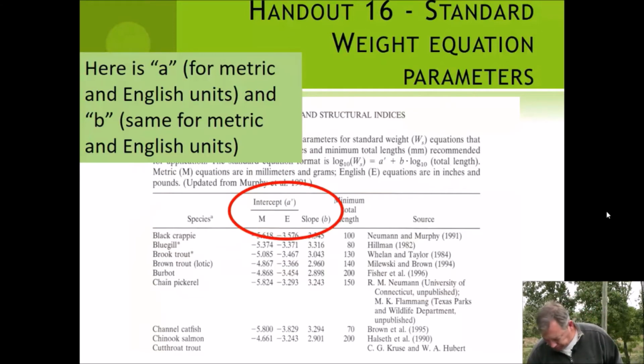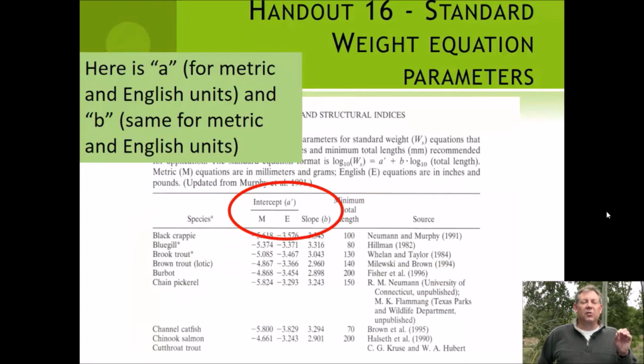And so here are some of the values that are published in Fisheries Techniques, and I gave you a handout on this. And actually I see that the handout number is incorrect on the slide, but you get the idea. For each species, you see the value of A, and that's different whether you're working in English or metric units.